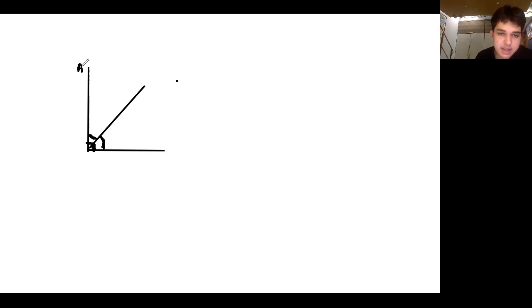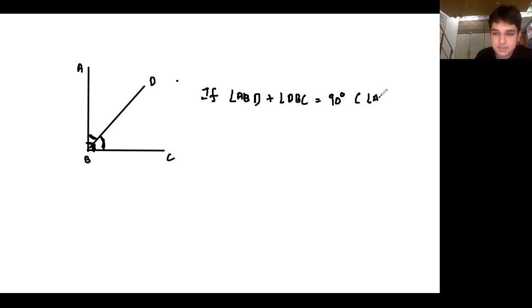To make it clear, I'd say A, B, C, and D. If angle ABD plus angle DBC equals 90 degrees, which is angle ABC, then ABD and DBC are complementary. So they add up to 90.